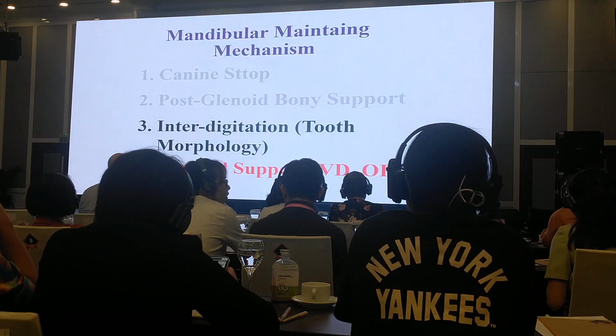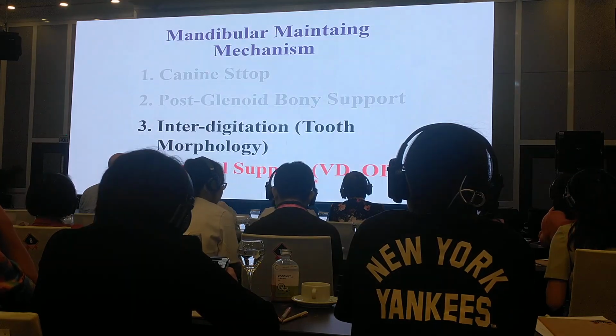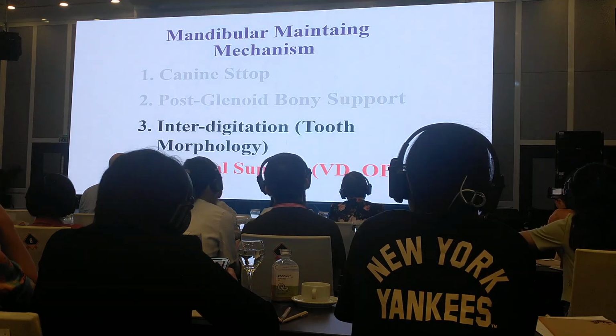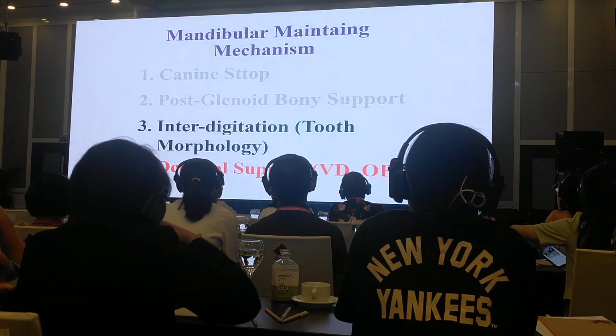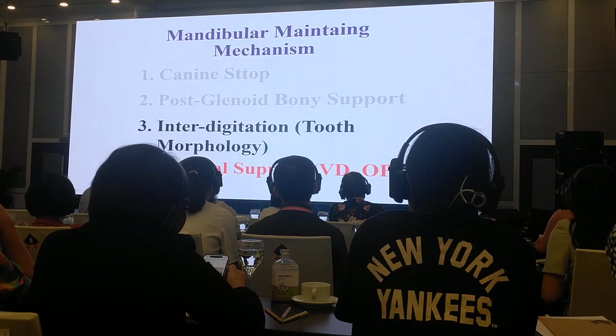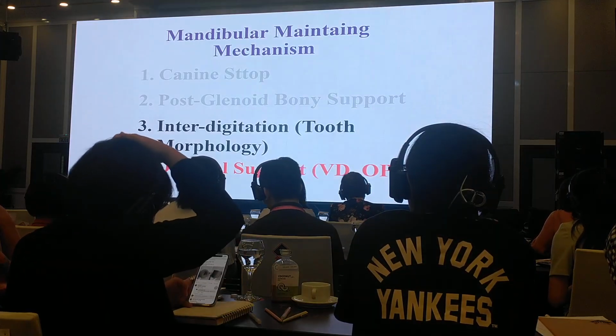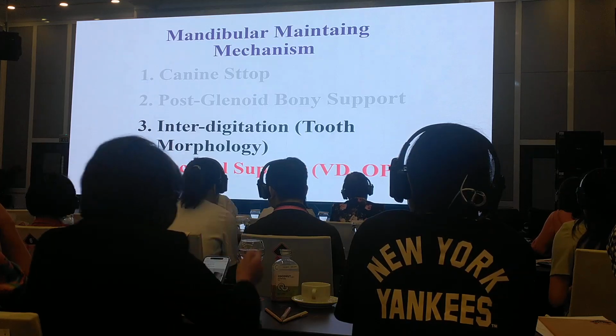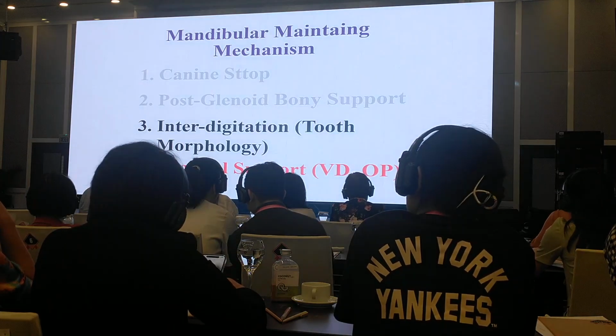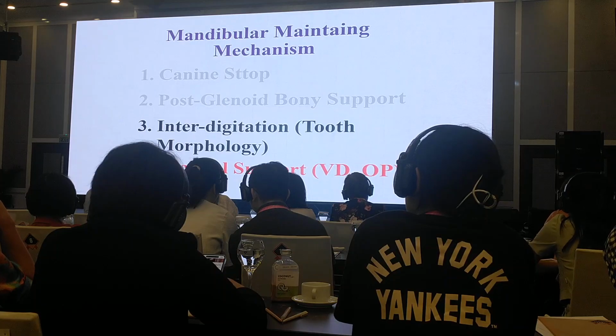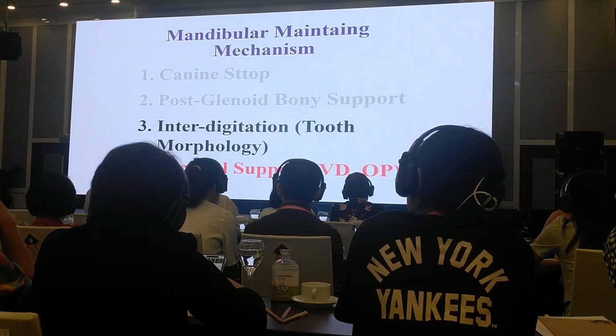Starting from class 2, it slowly increases vertical dimension and changes the posterior occlusal plane. Therefore, we have to be very, very careful. Carefully observe, and if something is happening, we have to confirm it immediately.